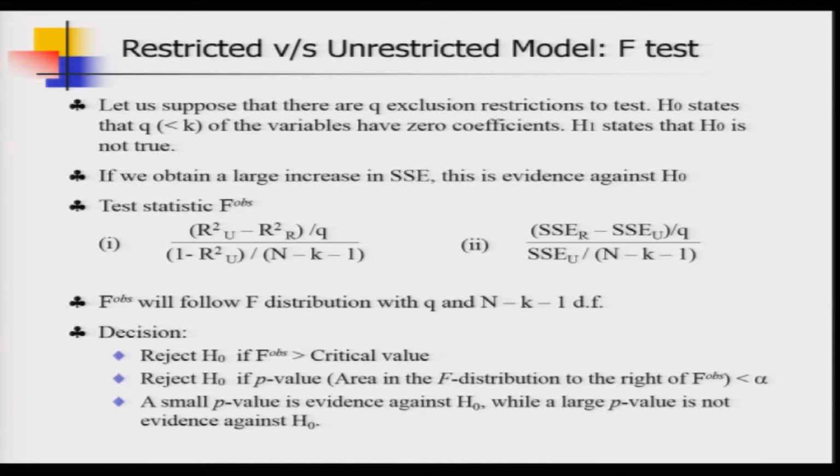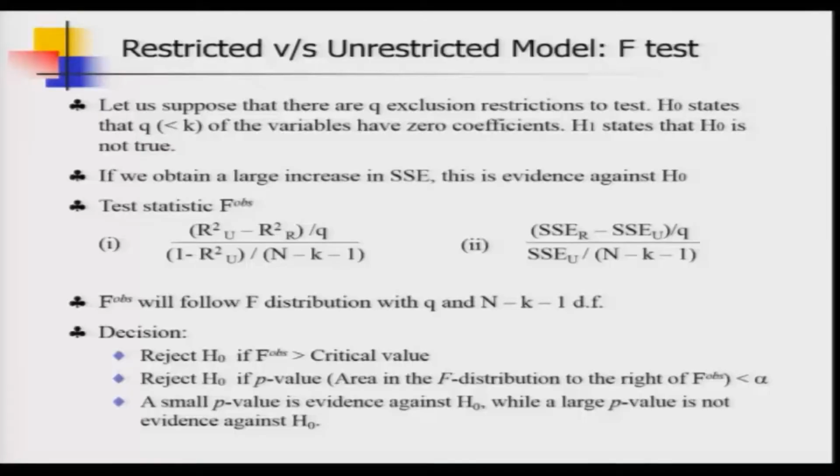The first step here is to propose a test statistic, and I call it F observed. As I showed you in the previous lecture, an F test can be conducted using two different measures.